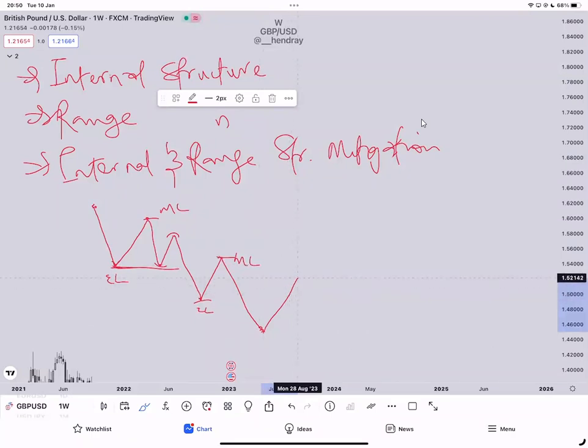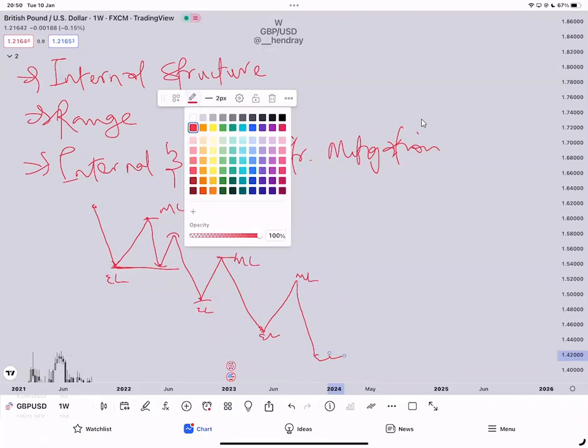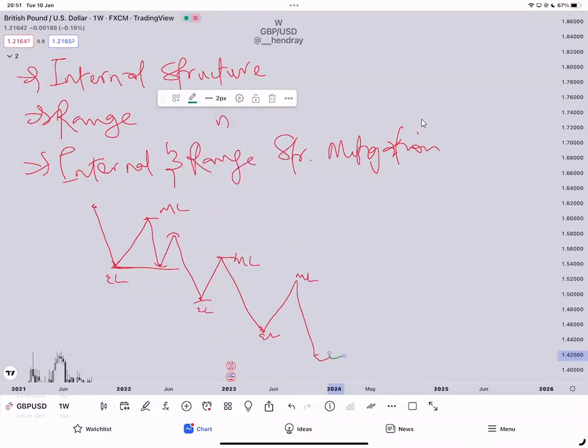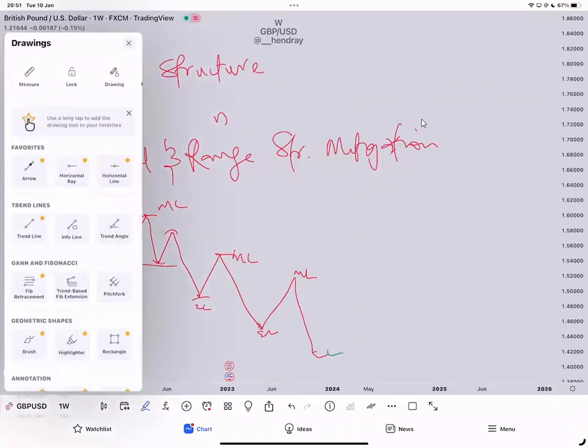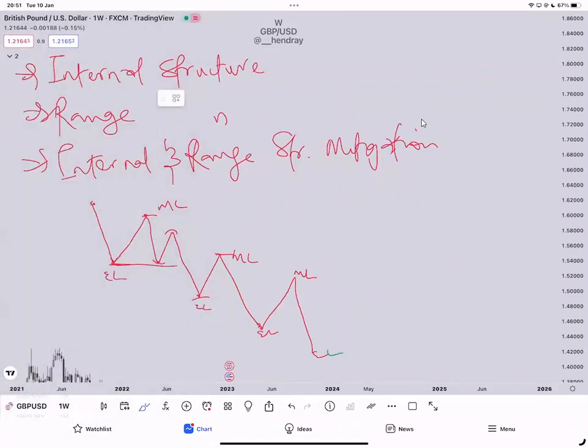So this structure that you have, low to high, that happened before external liquidity is taken out, is what we call internal structure.